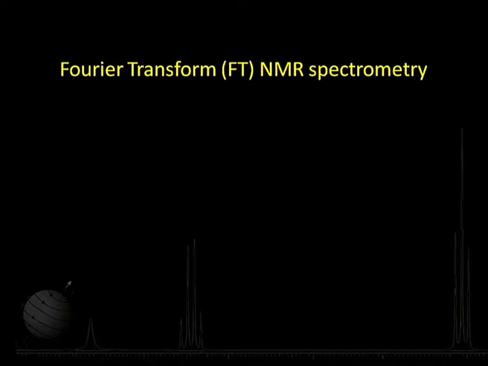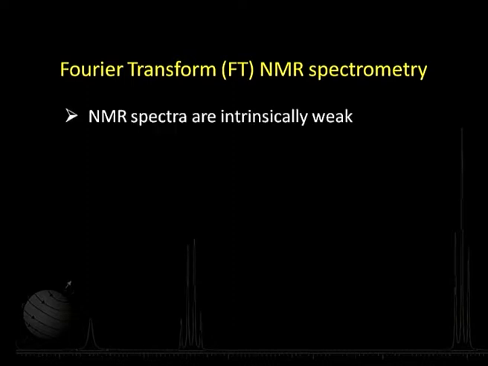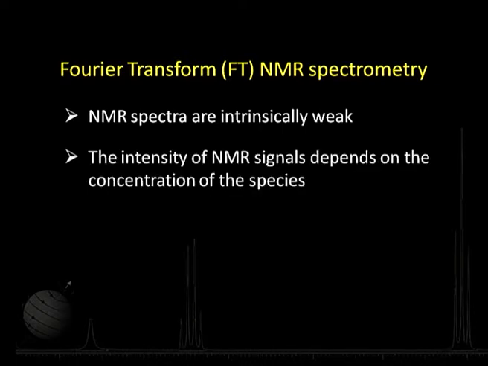Let us talk about the second type of spectrometry, or FT-NMR. FT stands for Fourier transform NMR spectrometry. We just mentioned that NMR spectra are intrinsically very weak. Secondly, the intensity of the NMR signal depends on the concentration.